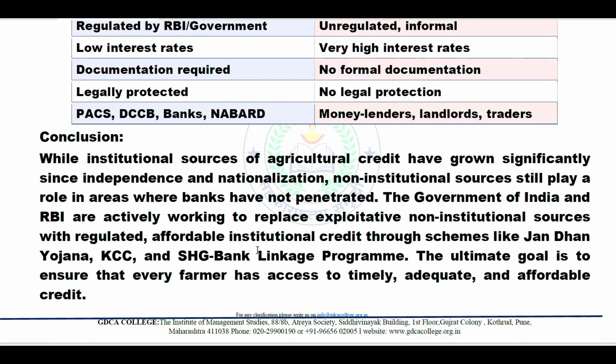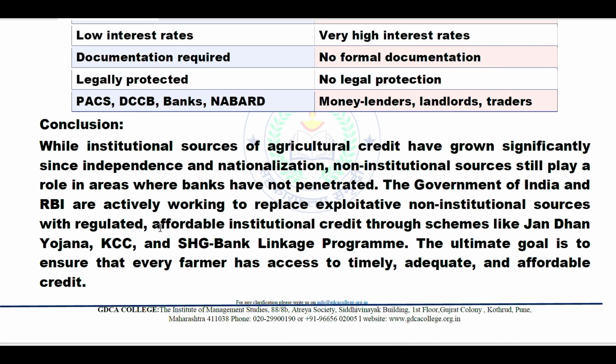Conclusion. What will be the conclusion for this particular question? While institutional sources of agricultural credit have grown significantly since independence and nationalization, non-institutional sources still play a vital role in areas where banks have not penetrated.